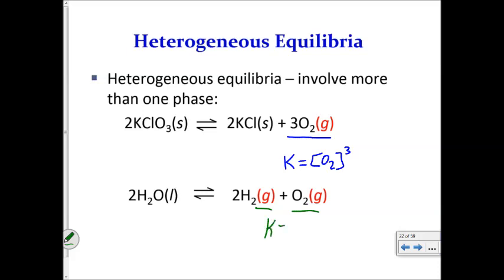So K would end up being H2 raised to the 2nd power, times the O2 concentration. Now what would you do if the gas or the aq was in the reactants only? 1 over it. Very good. Everybody understand that? So if it was only in the reactants, then you'd have 1 over that particular one in brackets raised to its power. Okay? We're good with that?